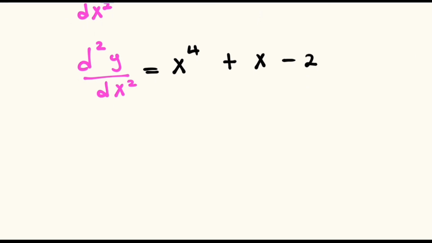On the left hand side, we have the second derivative of y with respect to x. If we were to differentiate this, we would get the third derivative. But if we were to integrate this, it will take us back to the first derivative of y with respect to x. So for this reason, we are going to introduce the integral sign on both sides of the equation.